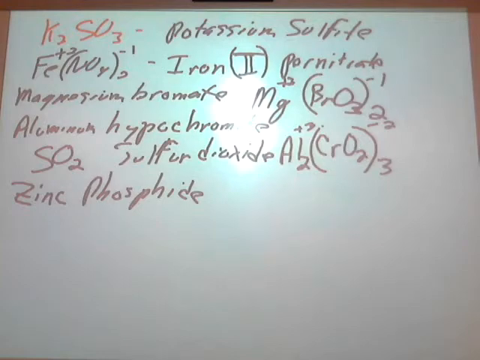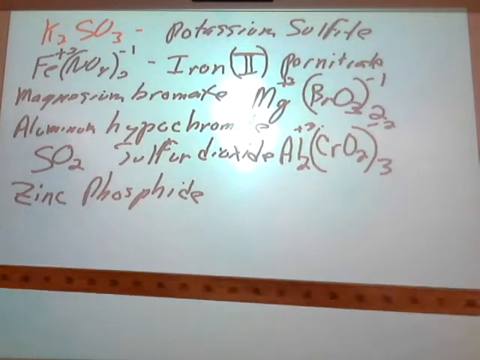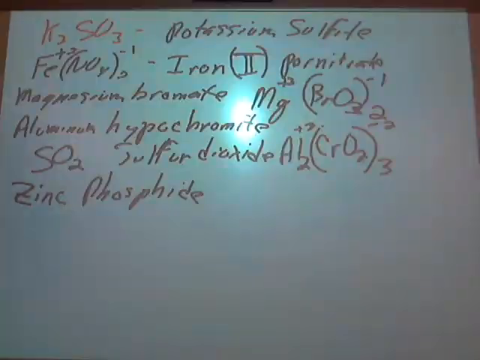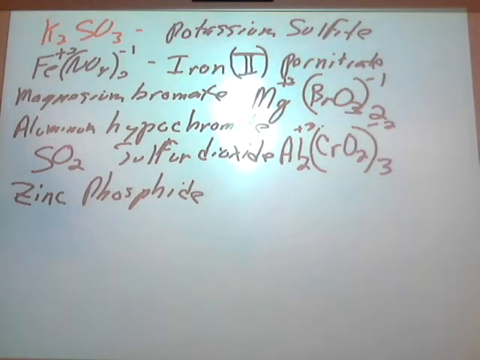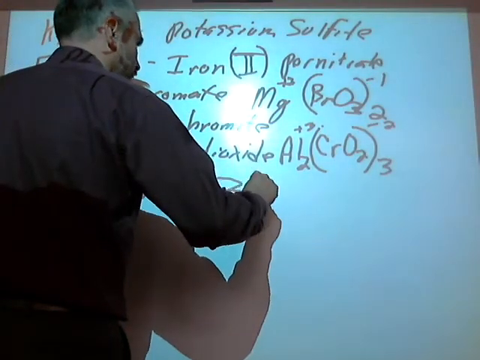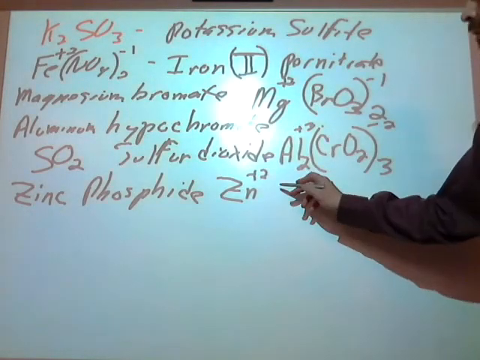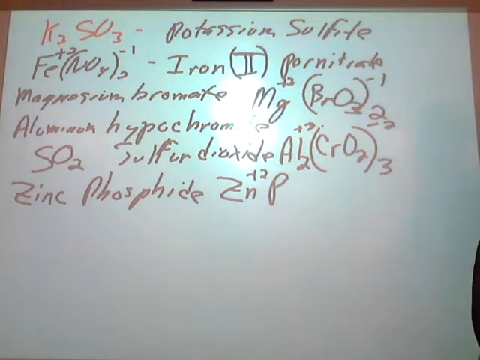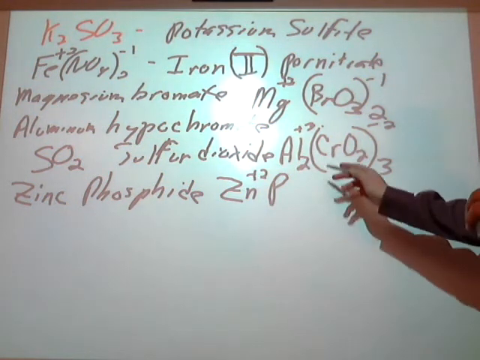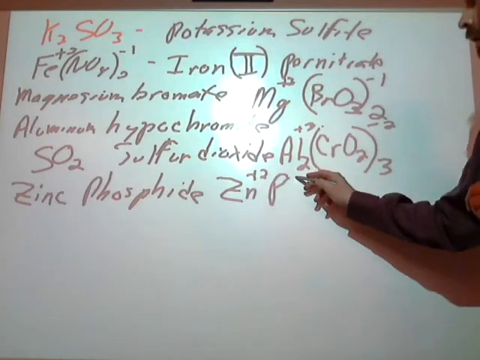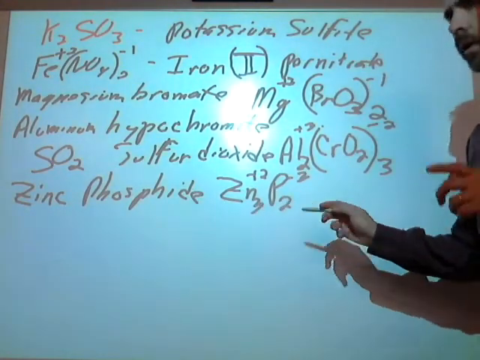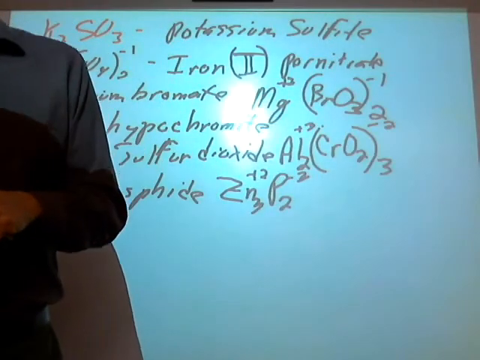But what I wanted to point out to you is, you notice what's not next to him? There's no Roman numeral next to him. Zinc, silver, there's a couple of others. They have that state so often they don't even put a Roman numeral next to them. Zinc's charge is what? Okay, you see him on the sheet at +2? All right, how do I finish that? Just P, right? Not PO1 or PO2. Phosphide, not phosphite. -3. So I need a 3 there and a 2 there. That is zinc phosphide. Okay.